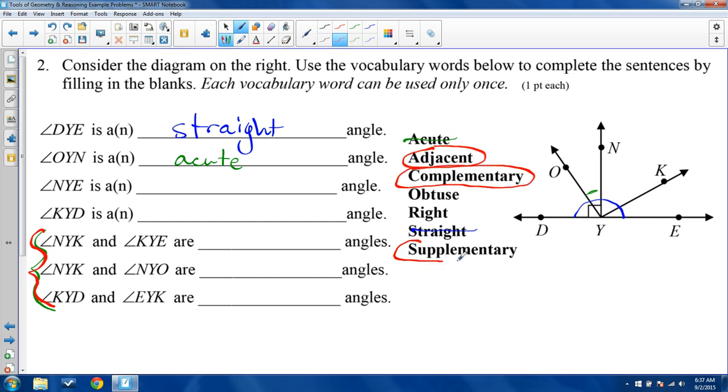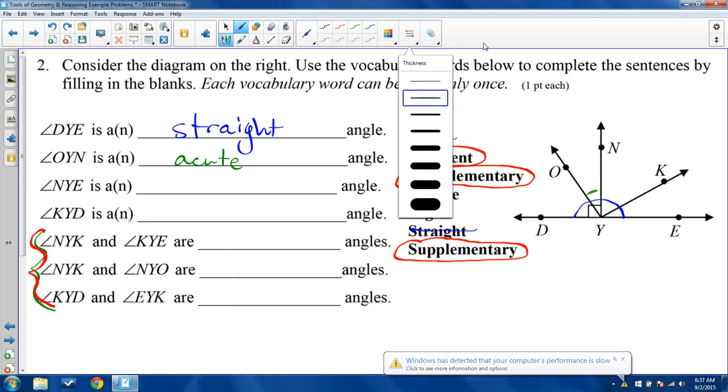We would not use these terms unless we were referring to pairs of angles. Angle pairs can have a relationship of being adjacent, complementary, or supplementary. We could also use vertical, but in terms of what we've used so far in the videos, in this case, we're not looking at those. So anyway, our next 2 are either going to be obtuse or right, because we're referring to one single angle. So that's what's going on here.